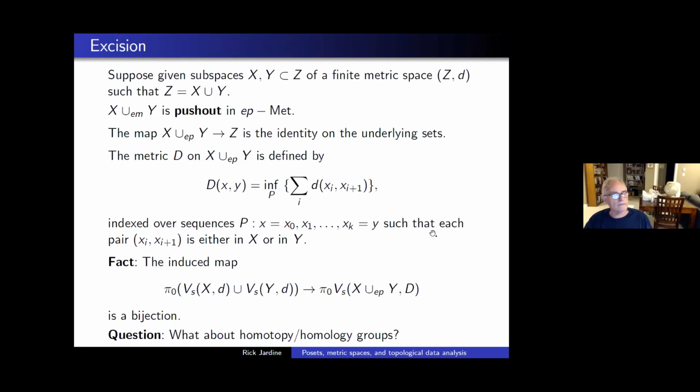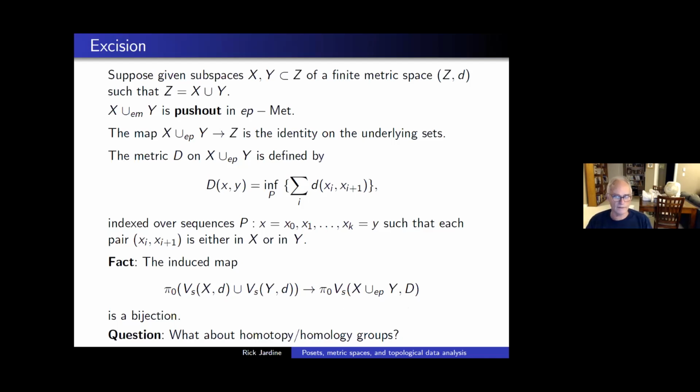All right. Well, if two points in this X union Y, this set, are in the same path component of the Vietoris-Rips complex corresponding to parameter value S in X, Y, what has to happen?